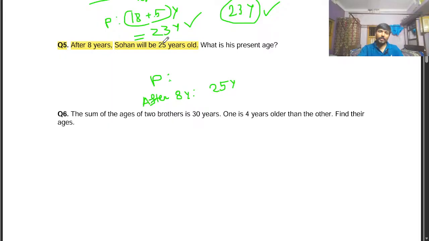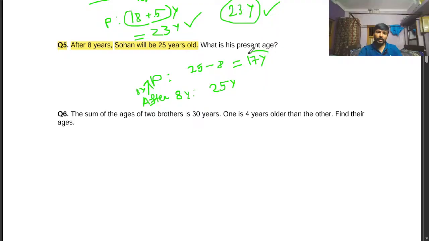Now, present age will be, we have to go upward 8 years. That is, we have to reduce 8 years. That is 25 minus 8 years, that is 17 years.